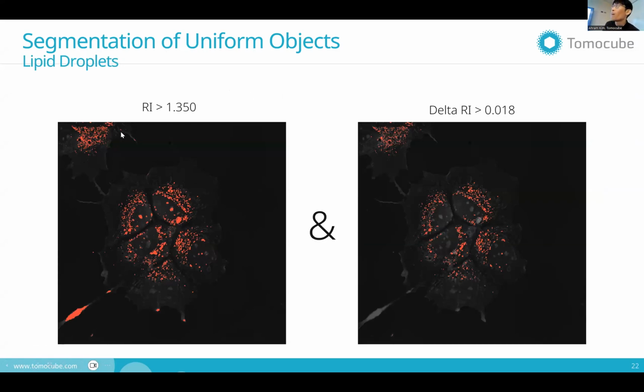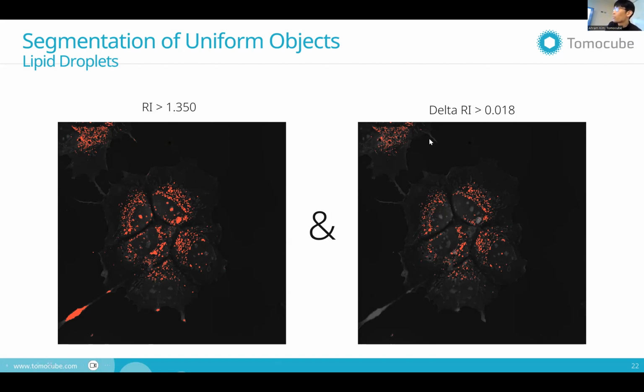When we use RI values higher than this one, we see most of the LDs are identified. But at the same time, we also got these kinds of areas, which are the condensed membrane. When the material is condensed, the RI value gets higher, which means that RI is not that specific in terms of distinguishing materials.